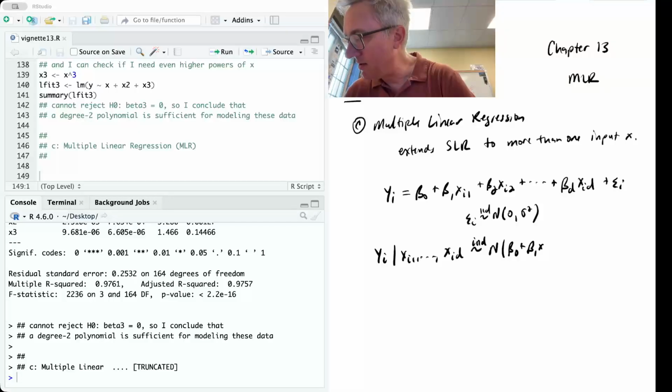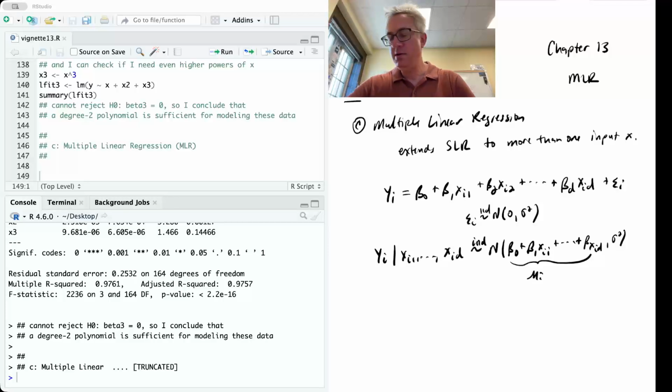And I like this because it lets me use a lot of the results about means from chapter 2. Right, so this whole thing here is like a mu i, where that mu i is calculated based on d x's and d slopes and an intercept.